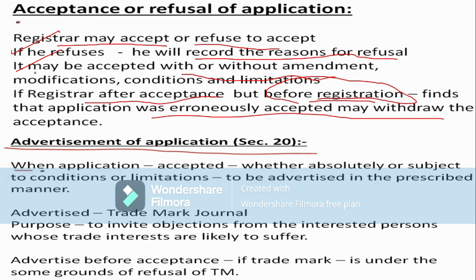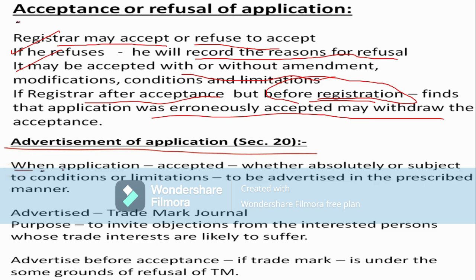Erroneously is nothing but incorrectly. If he received the application incorrectly, or if he finds any mistakes, he may withdraw the acceptance.